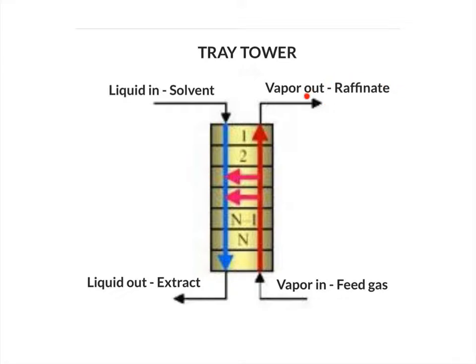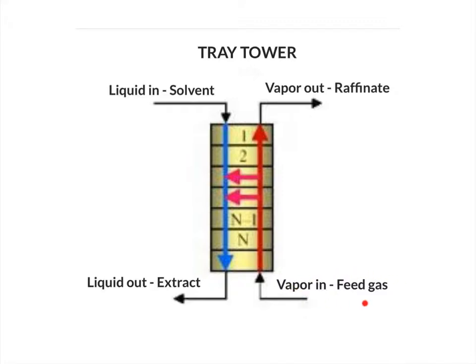The raffinate stream is the gas stream, and the extract stream is a liquid stream. So we have two liquid streams, which are called extract and solvent, and we have two vapor streams, which are called feed gas and raffinate.